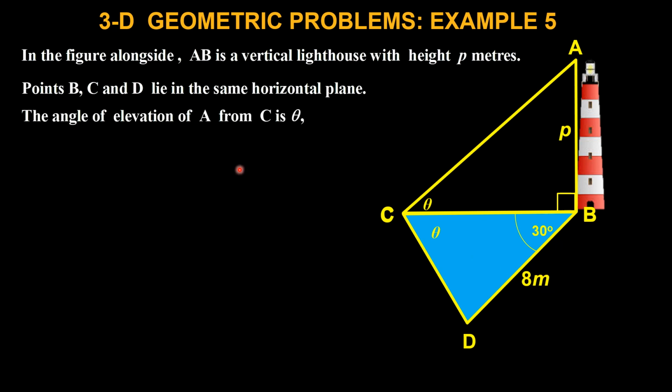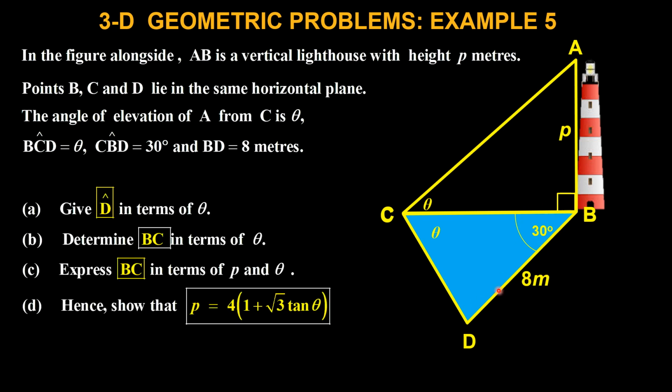And the angle of elevation of A from C is theta, so that angle is theta. BCD is also theta, and CBD is 30, and BD, this length on the horizontal plane, is 8. So we understand that, and those are the questions we want to answer, so we'll do that in the next two slides.